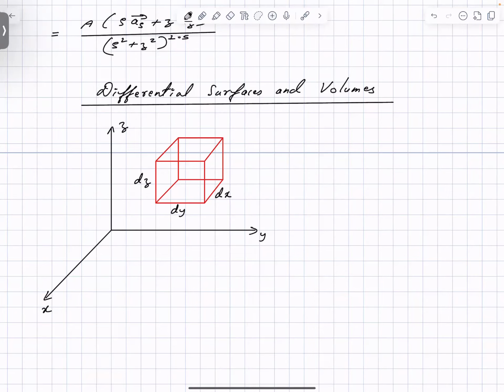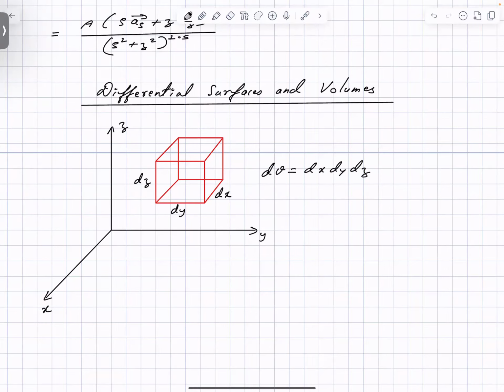Not a direction, so dx, dy, and dz. Yeah. So this is a very small volume, so we call that differential volume, dv. So it would be the length times width times height, right? We take the product, dx, dy, dz. So this volume is called differential volume.